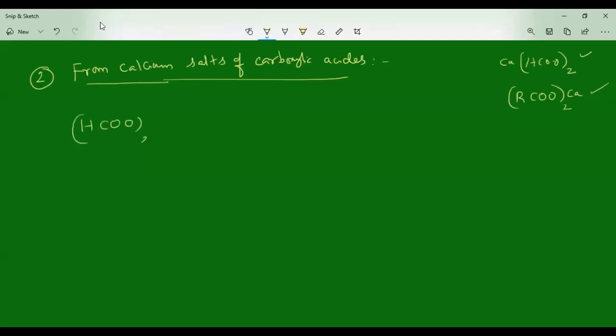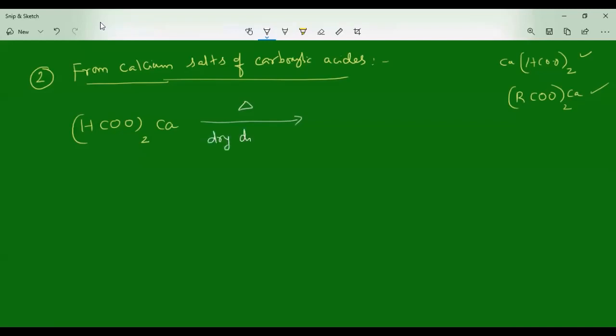And this calcium formate is subjected to the distillation process, which we call dry distillation.